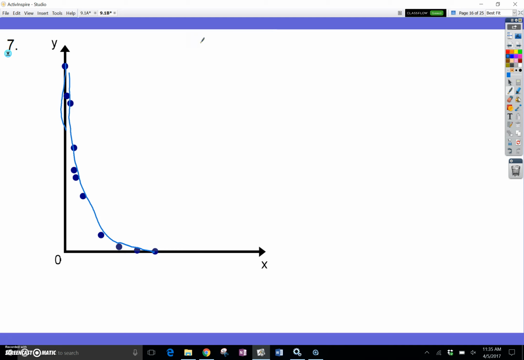So this would be a nonlinear association. It looks pretty consistent. They're coming down and it curves like this, so I would call it a strong nonlinear association.